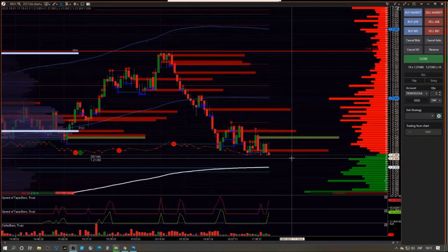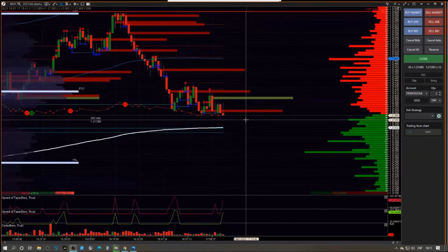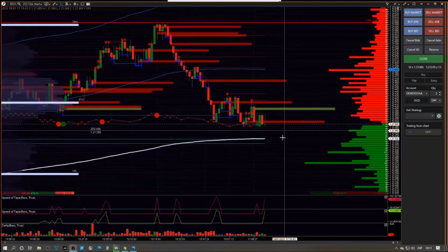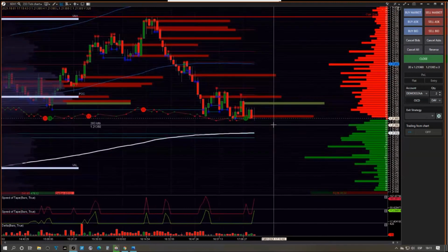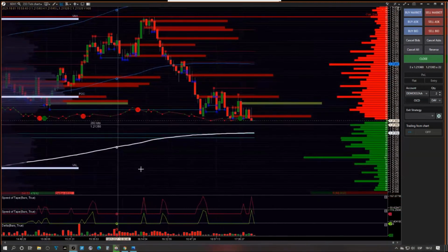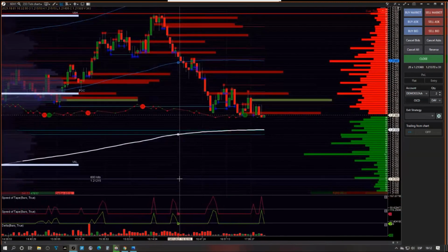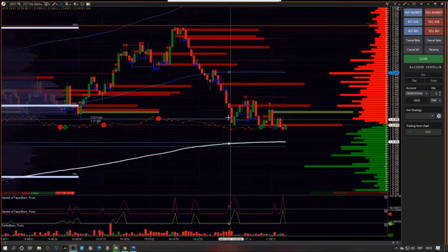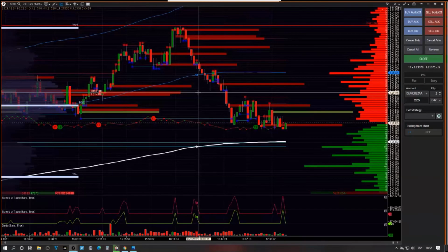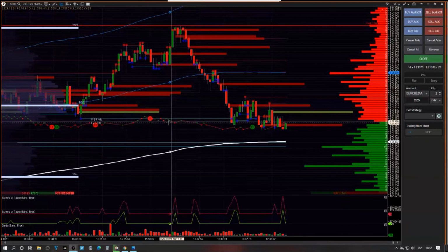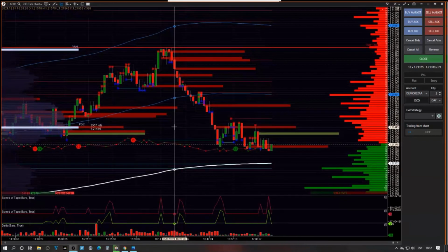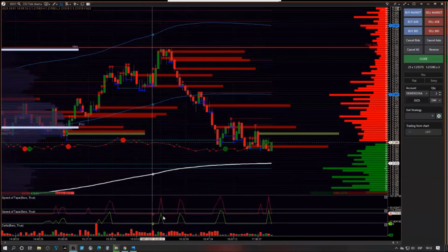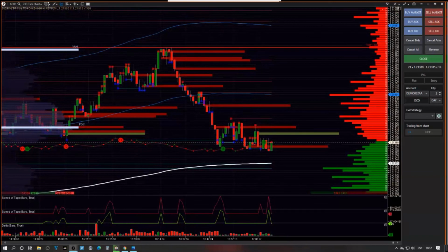Okay, this is the actual chart I use. We have a little bit more stuff. I just wanted to show you how I actually trade with this chart. I can send you the templates if you are interested in trading like I do. It's pretty much the same you looked at before. I only added a few things.